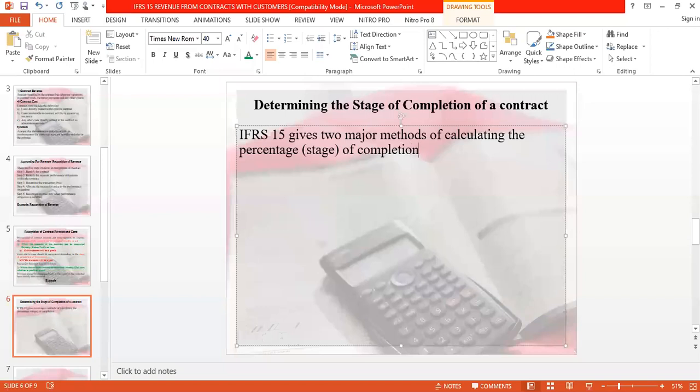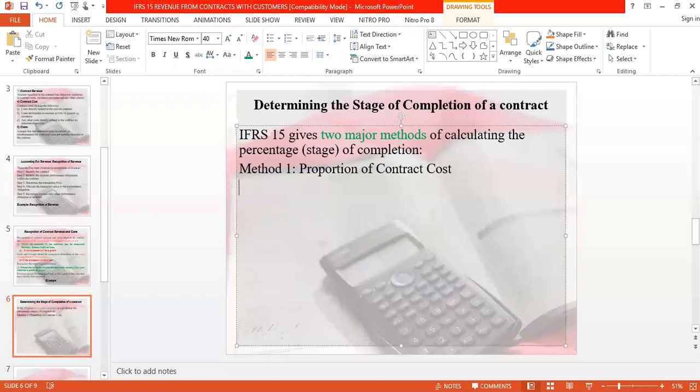So IFRS 15 gives you 2 major methods, and always look for these methods in exams. And what are the methods? Method 1 is called proportion of contract costs.